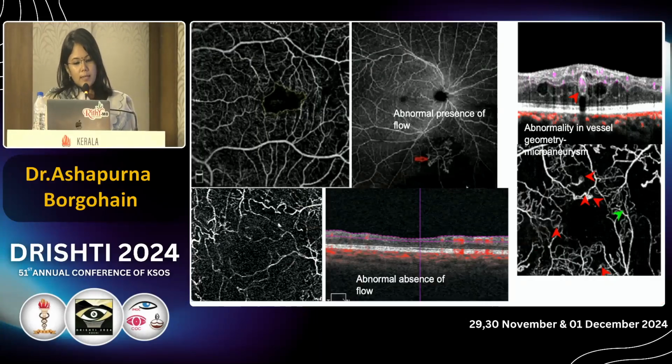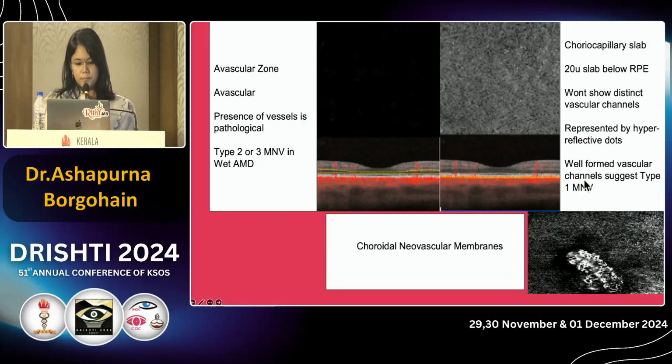So abnormalities in these 2 slabs can be seen as either abnormal presence of flow like the NVEs, or abnormal absence of flow like capillary void areas, and abnormality in vessel symmetry like we can see with microaneurysms. The avascular zone and choriocapillary slab usually do not show any vascular channels.